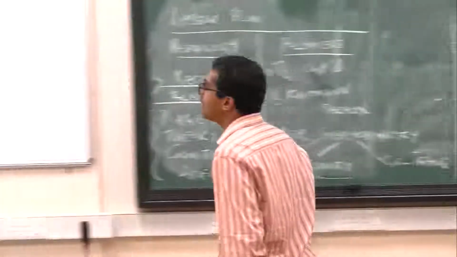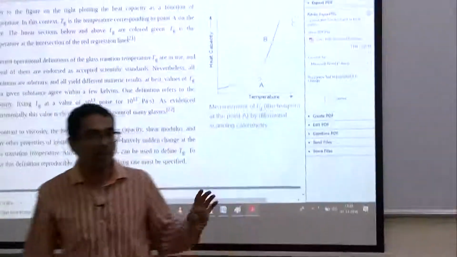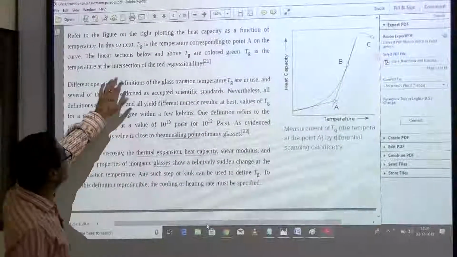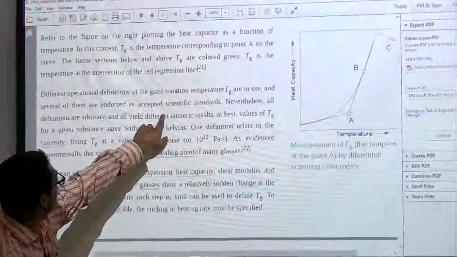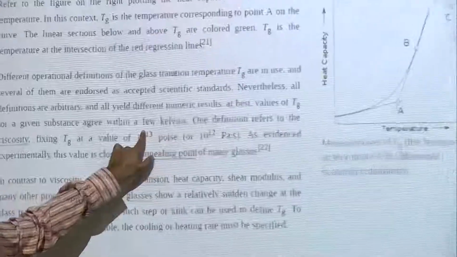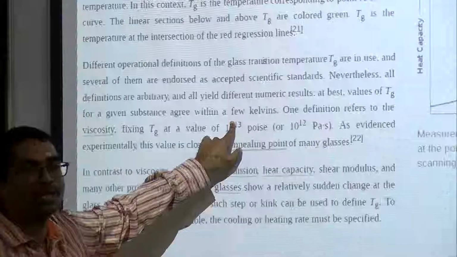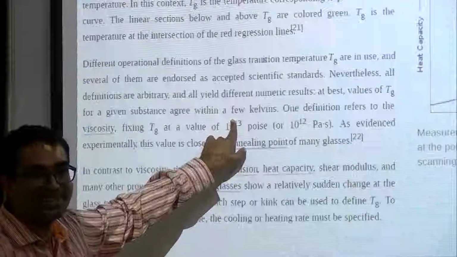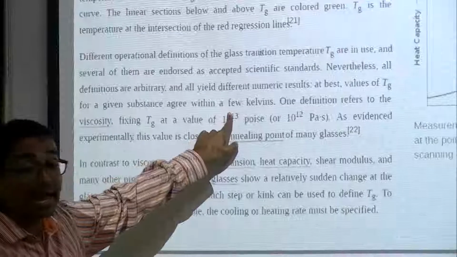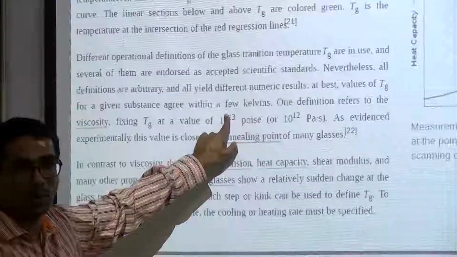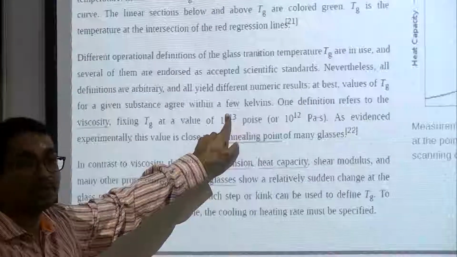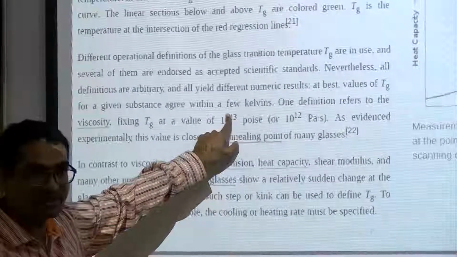But the key here is, of course, that there is no one accepted IUPAC Tg. Many of them are endorsed by the scientific practice, and at best all of them are within a few kelvins of one another. So, there is no point in giving glass transition temperature to the third place after the decimal in Kelvin, it is meaningless, you understand. And it depends on the cooling, it also depends upon the process by which you have made your polymer.